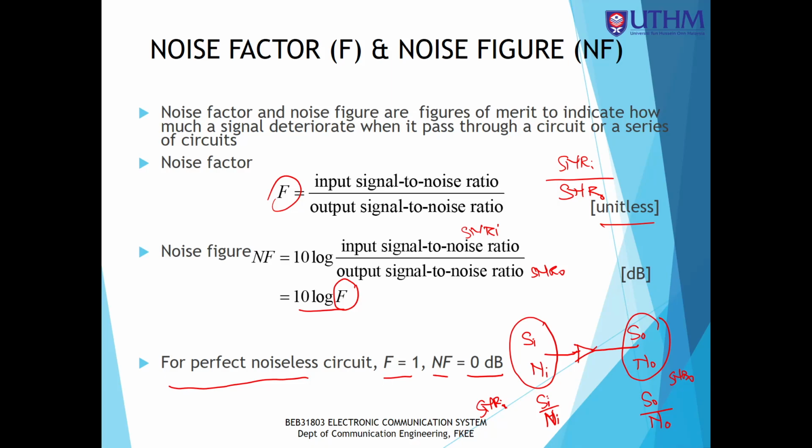This is for a perfect system. Remember, we want the value of F to be as minimum as possible towards 1. Minimum is 1, that means the output SNR equal to the input SNR.